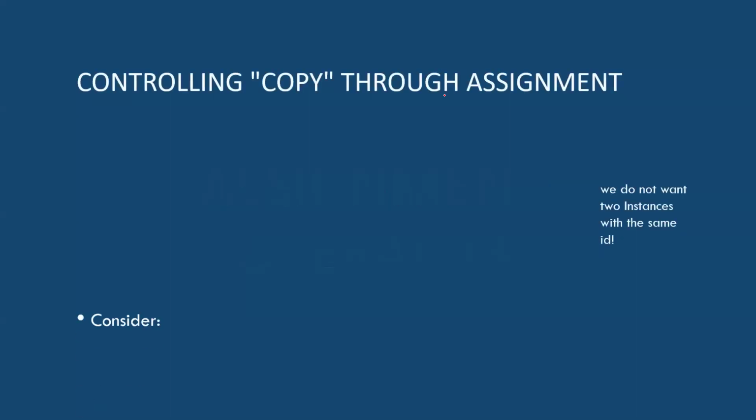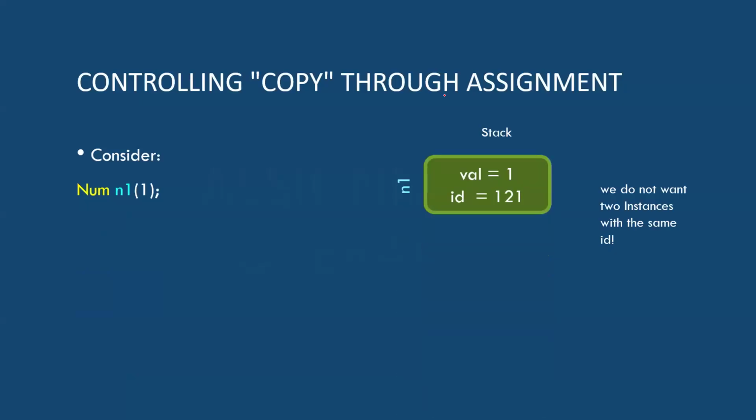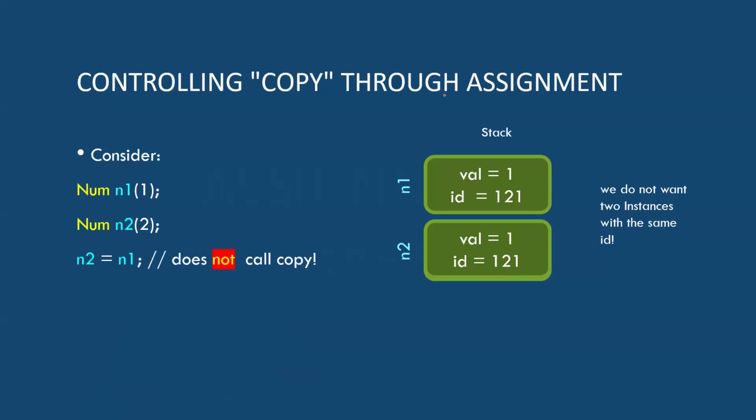What happens when we're copying an entire instance over the top of another instance? Here's us with an instance of my number class with value 1 and ID 121. And here's another one. By default, if I say n2 equals n1, it's going to copy everything over, the value and the ID.